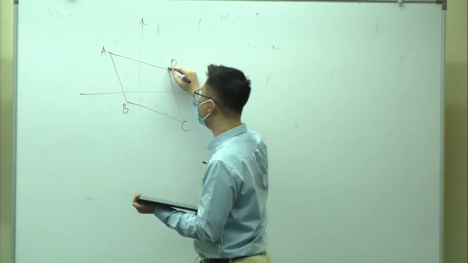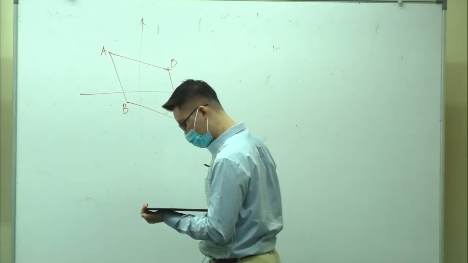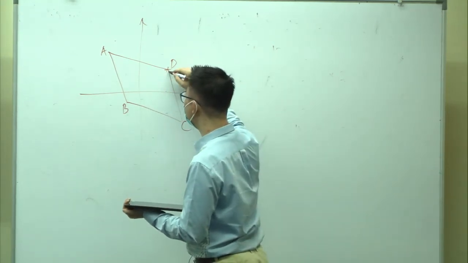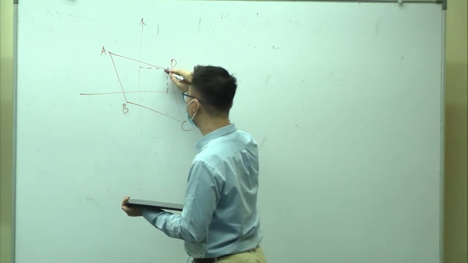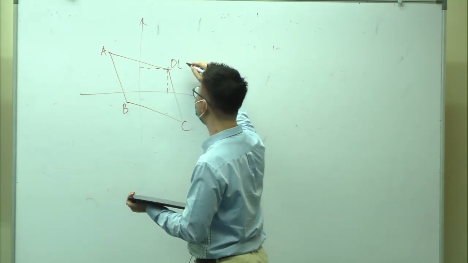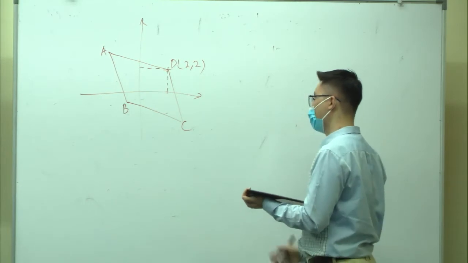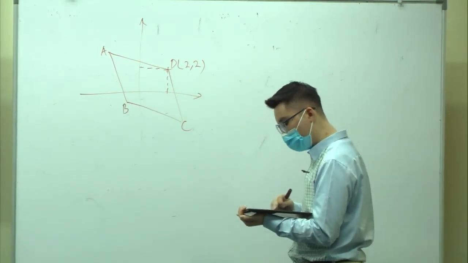You will know the point will be here. You just complete that, this rhombus. This will be at what? 2, 2. The point is (2, 2). Very easy. Now we go to question 7.